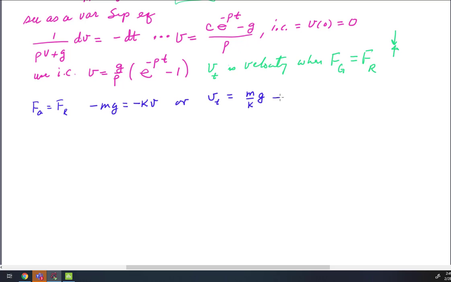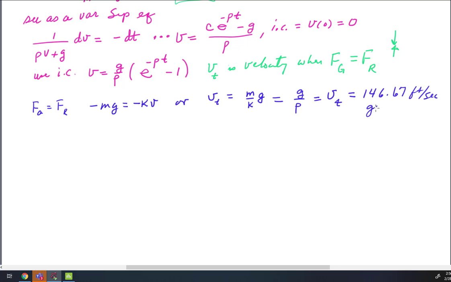And we can make it even a bit nicer using the previous substitution. k over m is rho, so m over k is 1 over rho. So this would be g over rho. And just a reminder, that's the terminal velocity. And just another reminder, that's equal to 146.67 feet per second.